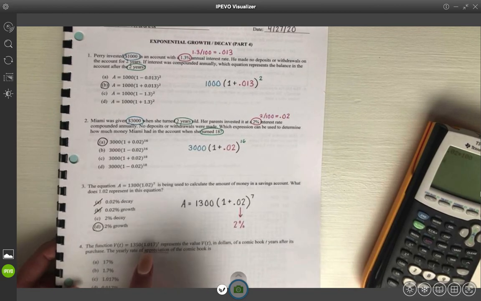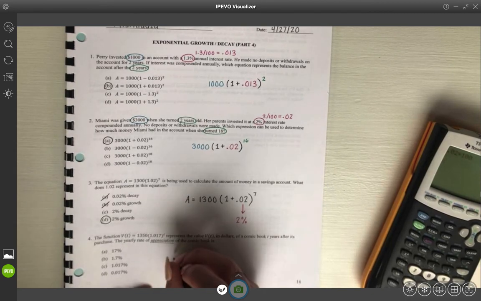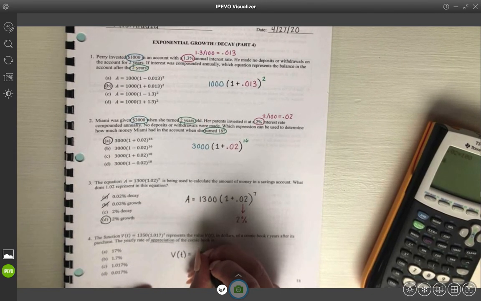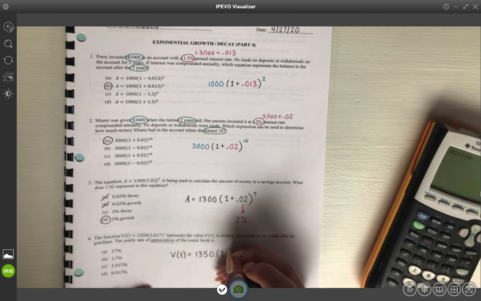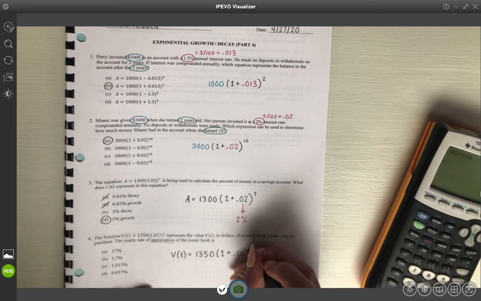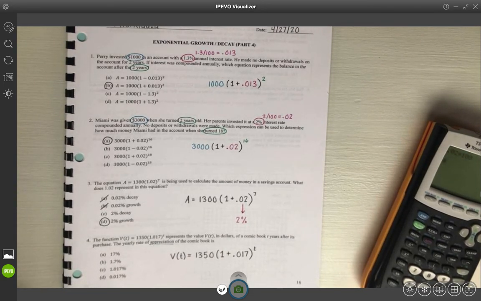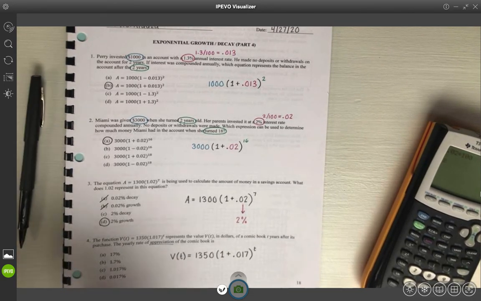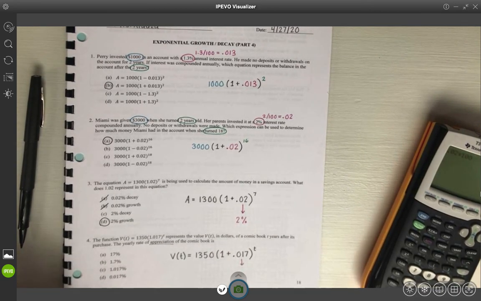Let's break this parenthesis piece apart. So if we broke it apart, our function would look like this. V of t equals 1,350 times 1 plus 0.017 to the t power. We need to change this decimal into a percent.